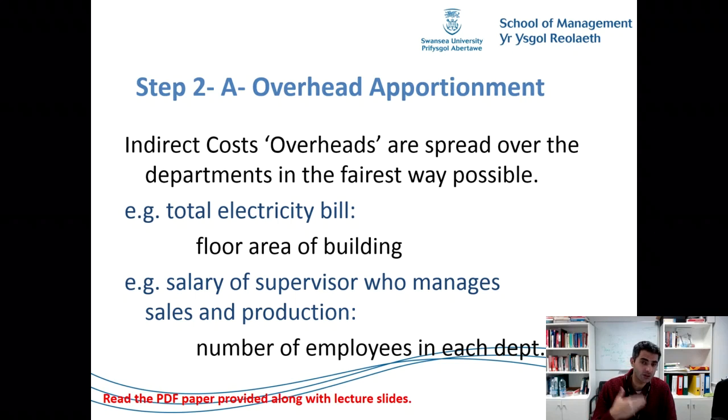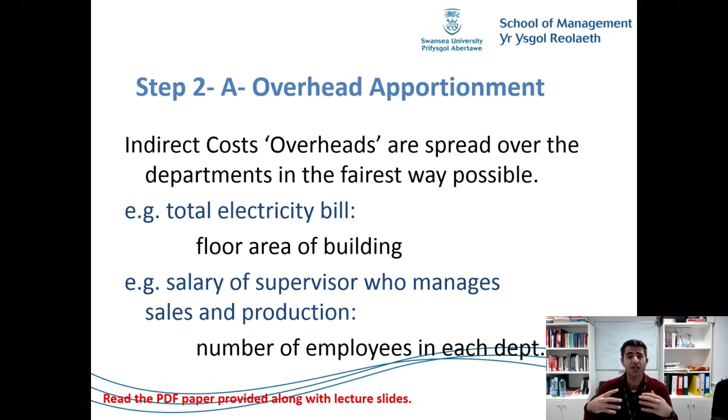If there are more employees in a department, this means I spend more time there, because if you have more employees, you spend more time managing them. So one of the bases is the number of employees. Another basis could be the time spent in each department. If I spend 75% of my time in the production department, it should contribute £75,000 to my salary, and the sales department contributes 25%.